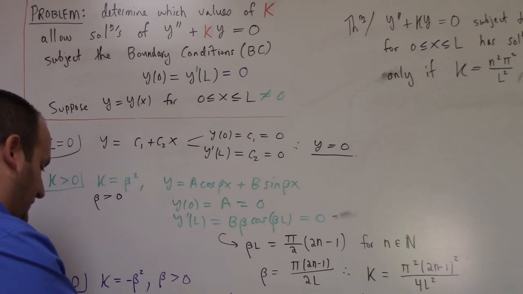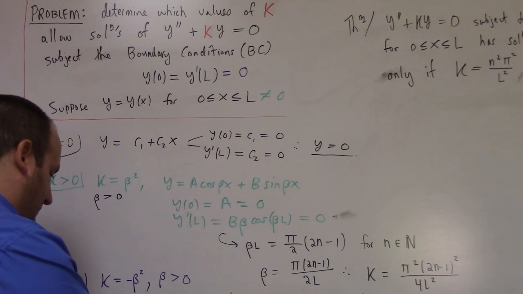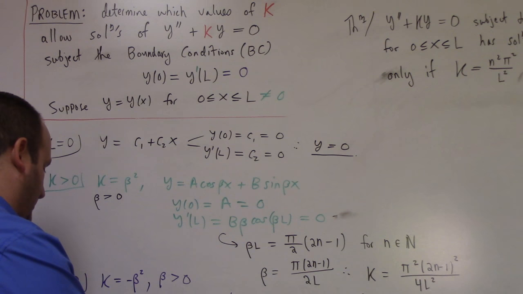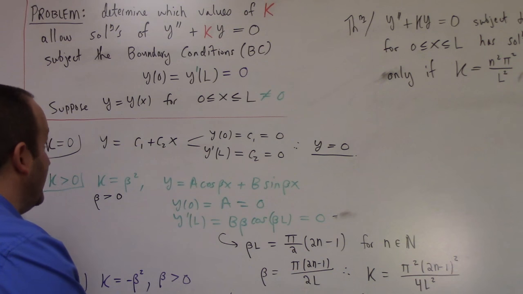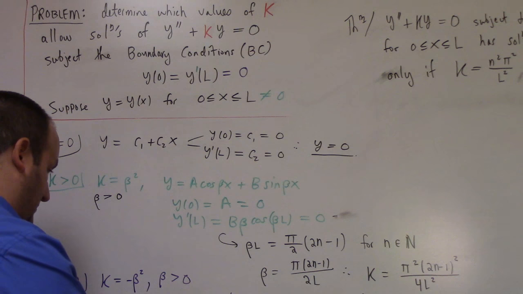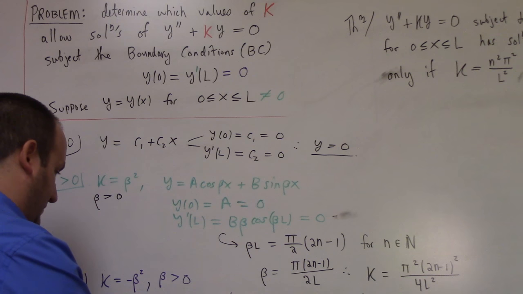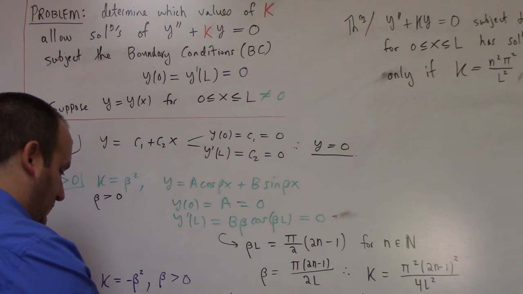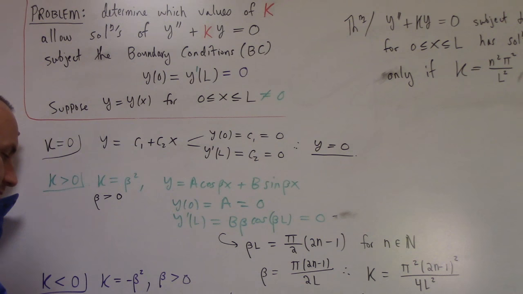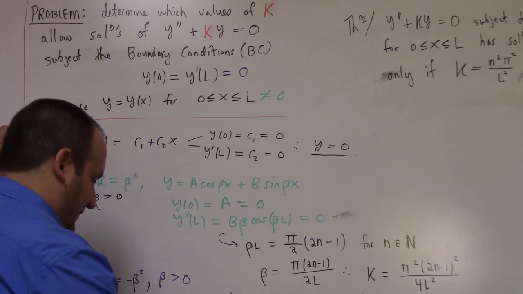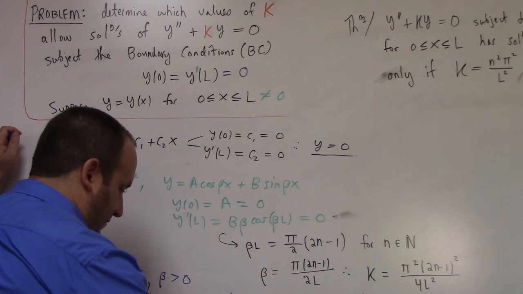Y of 0 is also a, so a is 0. Y prime of L is going to be b beta cosh beta L. So that implies that b is equal to 0.